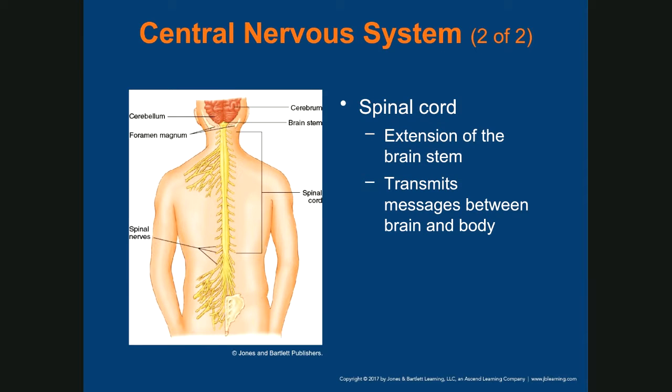And if you can look at that diagram to the side, you can see where the spinal cord exits the foramen magnum, and as it comes down you have nerves branching off that go to the upper extremity, and nerves branching off that go to the lower extremity. That's your spinal nerves.